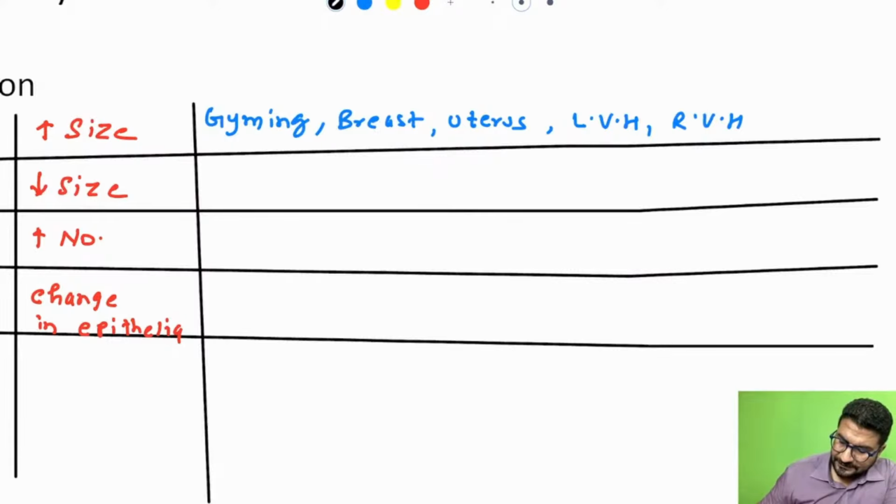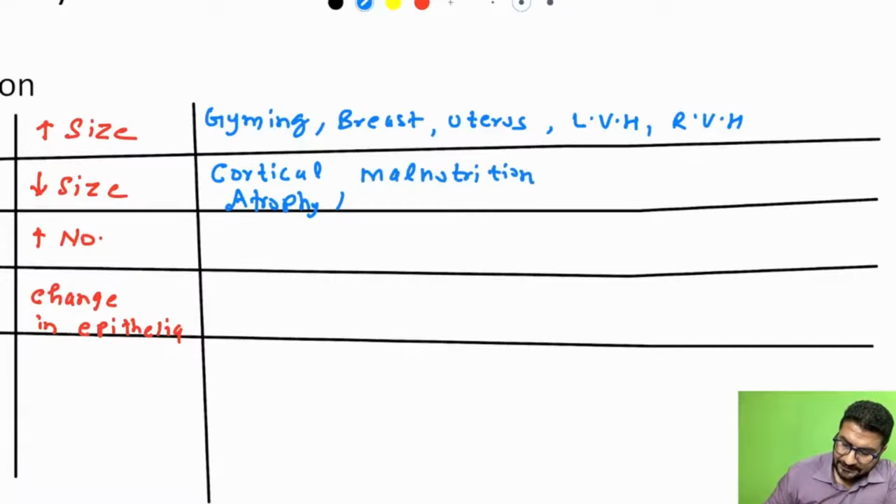If I ask you next, atrophy, where will we see atrophy? You can see atrophy in the cortex, so we see cortical atrophy. I am writing only the important ones here. You can see atrophy in malnutrition diseases like kwashiorkor and marasmus.